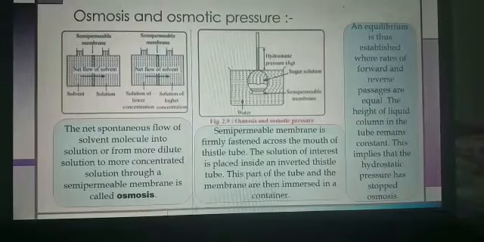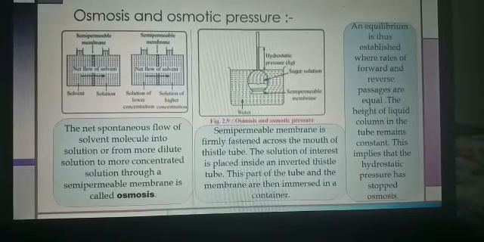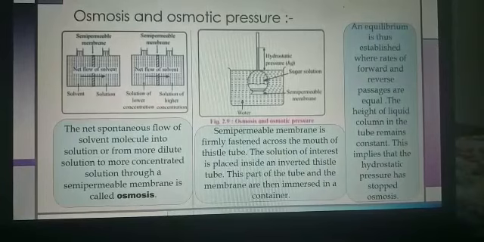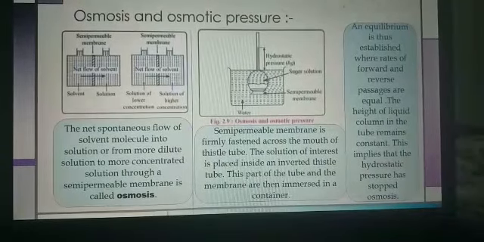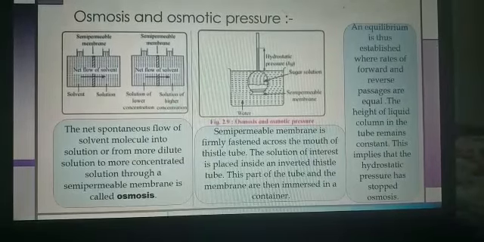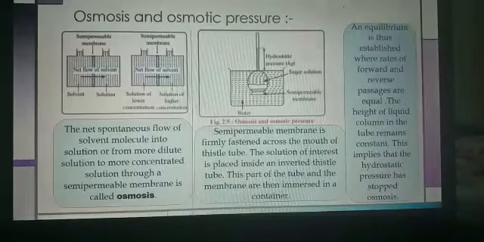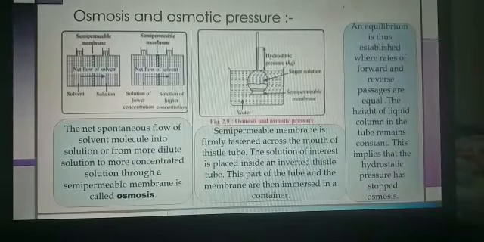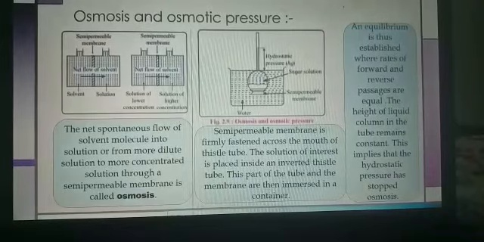Of course, why? Because the pressure is applied on the solution and eventually stops the rising. At this stage, the hydrostatic pressure developed is sufficient to force the solvent molecules back through the membrane into the container at the same rate at which they enter the solution. So an equilibrium is established, that is, the rates of forward and reverse passage are equal.